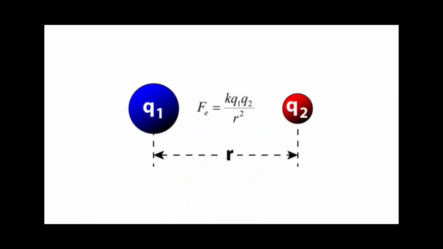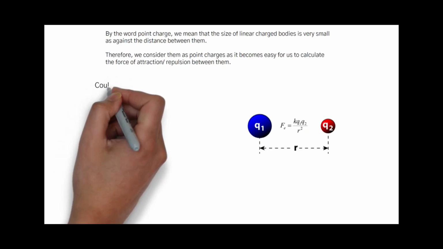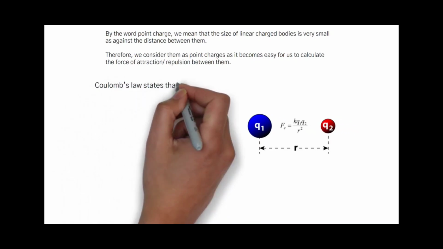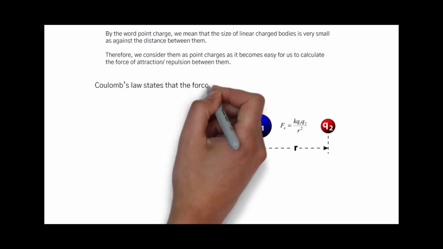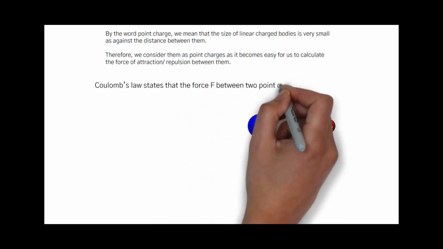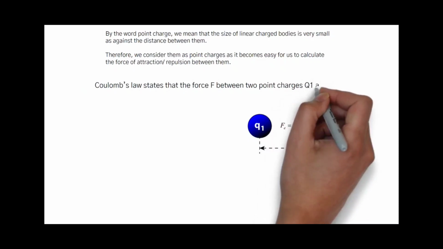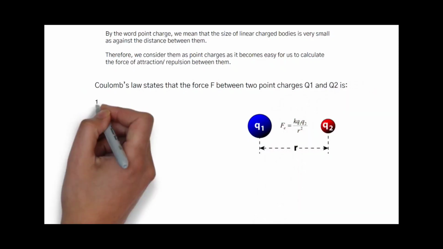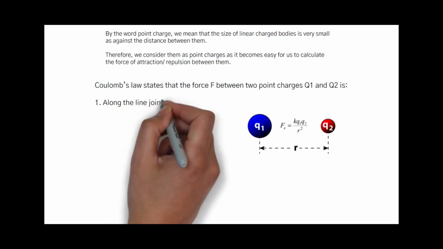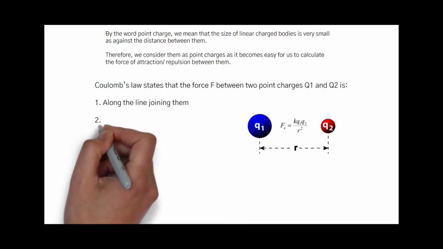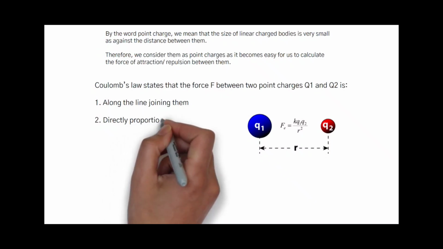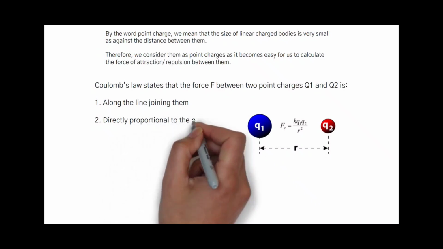Coulomb's law states that if there are two charges, q1 and q2, and the distance between them is r, then the force of attraction or repulsion between these two charges is directly proportional to the product of the charges and inversely proportional to the square of the distance between them.